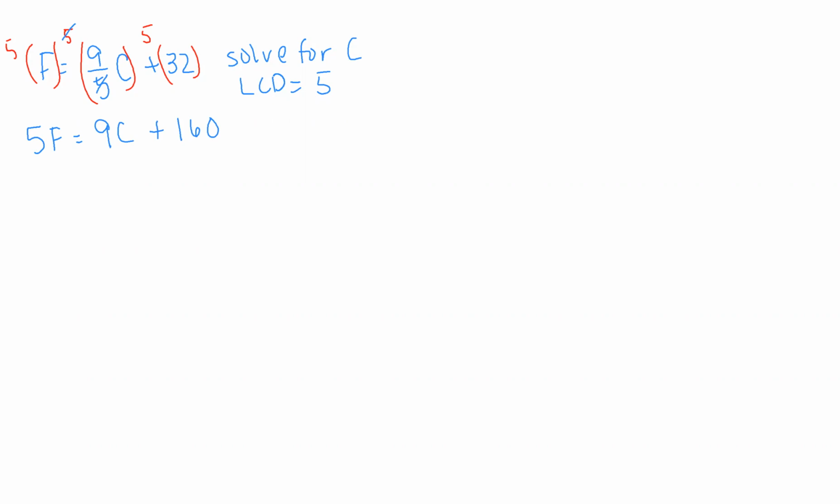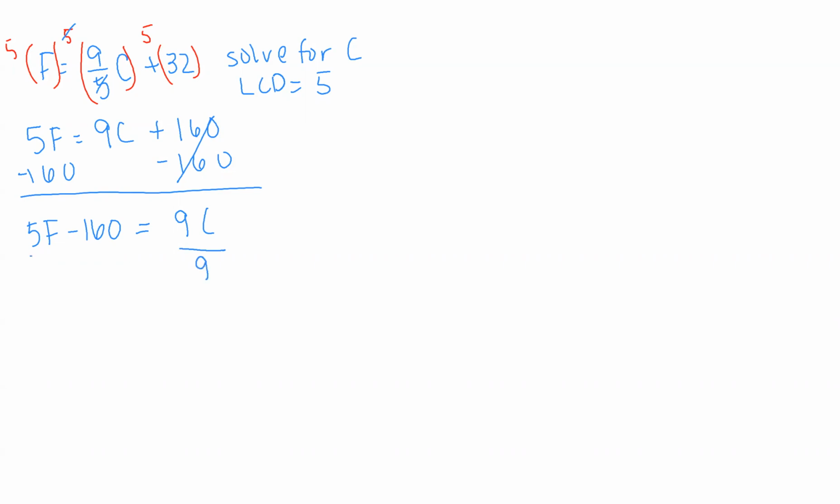Now we need to get the 9c alone. So the problem is this plus 160. I'm going to subtract 160 from both sides. The 160s on the right cancel. On the left, I get 5f minus 160. On the right, I have just 9c. Now, finally, to get c alone, I need to undo the multiplication of 9 and c. So I would divide by 9.